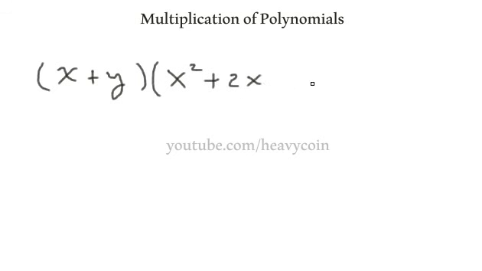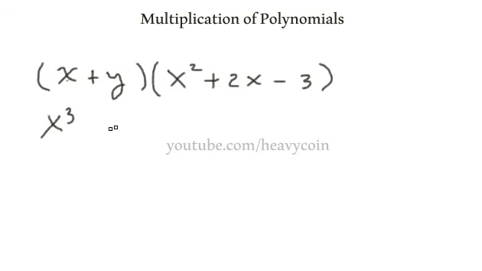So let's look at something similar. I have x plus y, and I'm going to multiply that by x squared plus 2x, let's say minus 3. So x times x squared is x cubed.